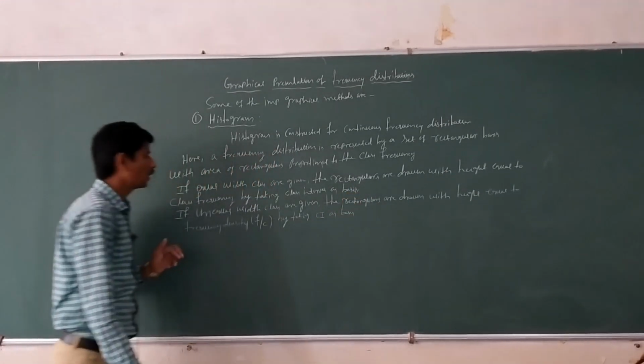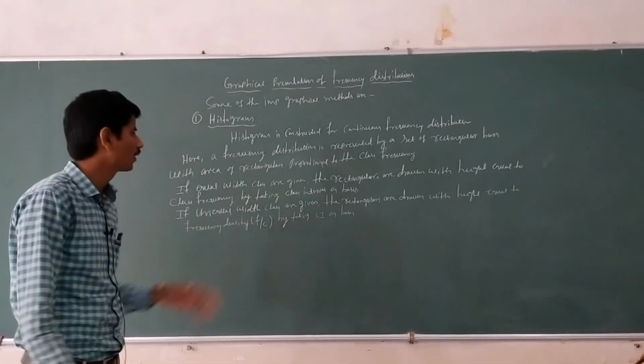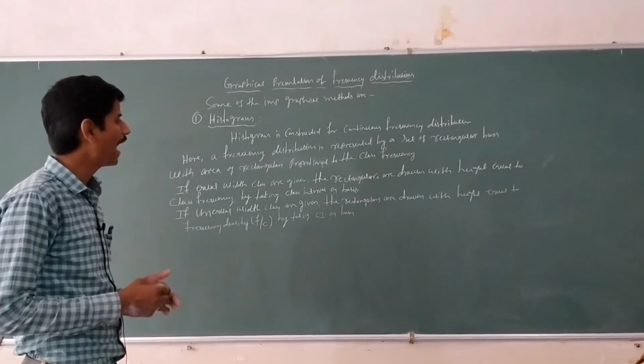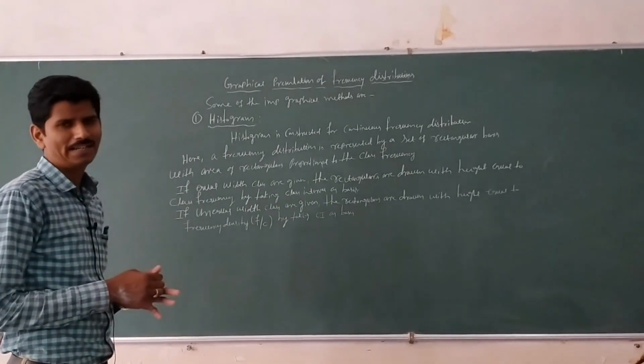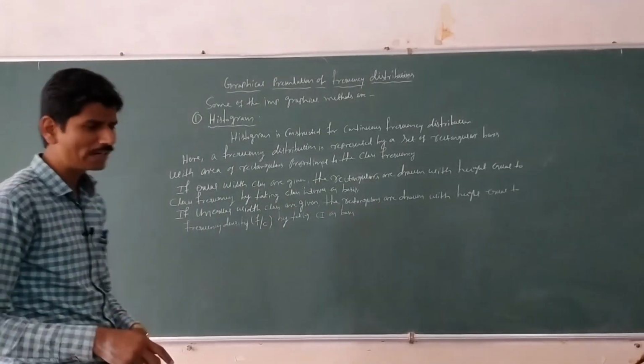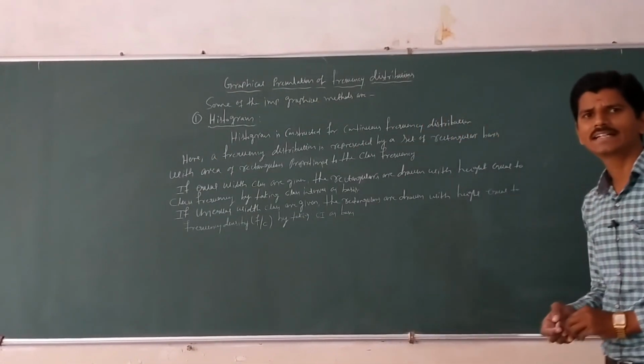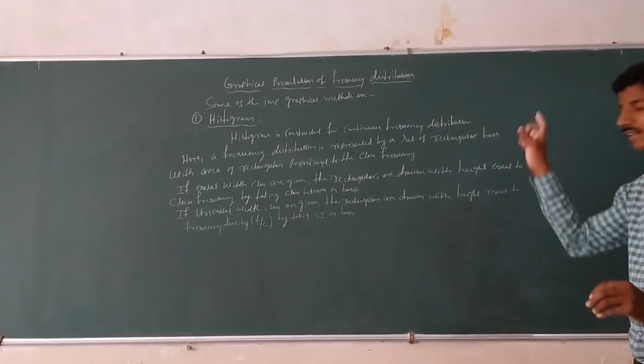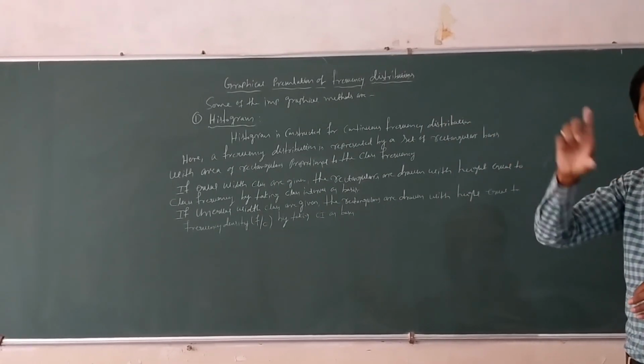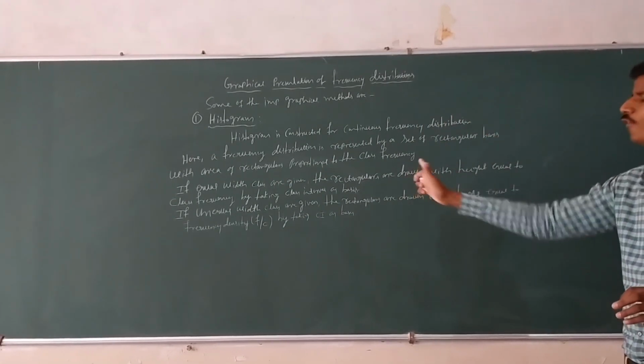See here, suppose the class intervals are of unequal width, then the rectangles are drawn with height equal to frequency densities. Here, the class intervals are drawn against the frequency densities.